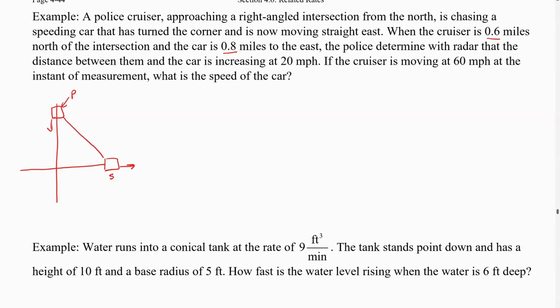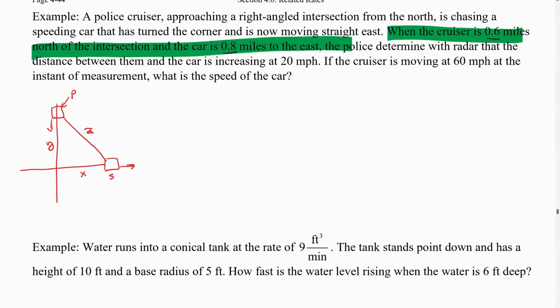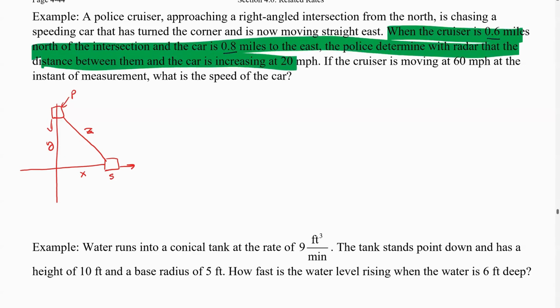Let's say the distance between them, let's call this Z, because I'm going to call this X and I'm going to call this Y. And let's change this statement into something in symbols. Are we ready?